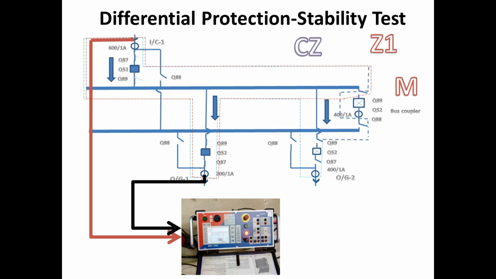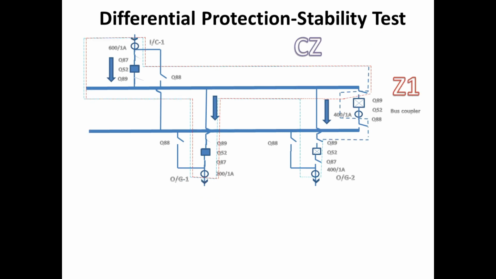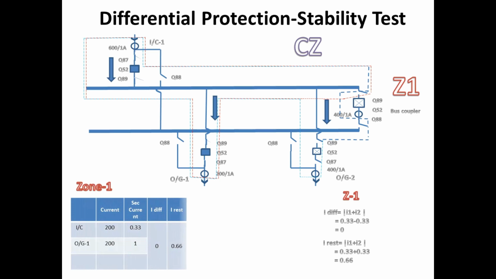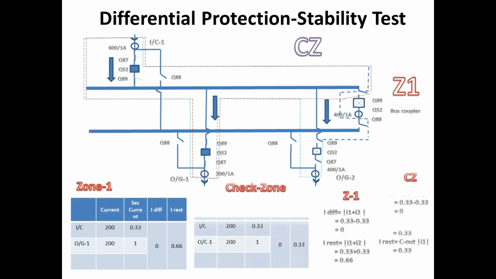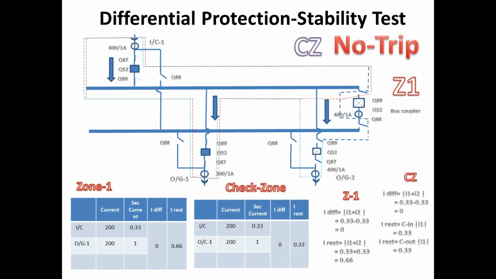For 200 amps, the secondary CT current for the incomer is 0.33, and for outgoing 200 the secondary current is 1. Multiplying this 1 with the matching factor, it is 0.33. If you calculate the differential, it is 0. If you calculate the I restraint, it is 0.66. Now the differential is 0, so it will go for checking check zone. Check zone also uses the same formula, only the I restraint is different. It will choose the least value, but here both are the same.